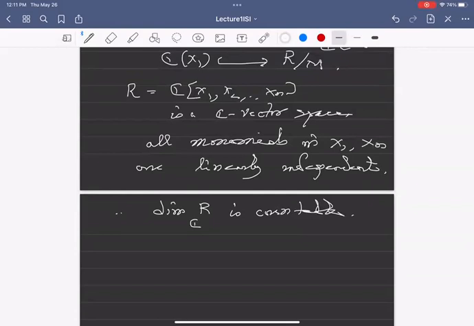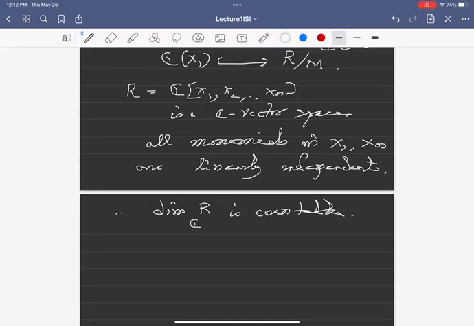Okay, this is clear to everybody. The polynomial ring is also a vector space, and the set of monomials is a basis, because every multivariate polynomial is a unique complex linear combination of monomials. So monomials are linearly independent. There are countably many monomials in x1 up to xn.